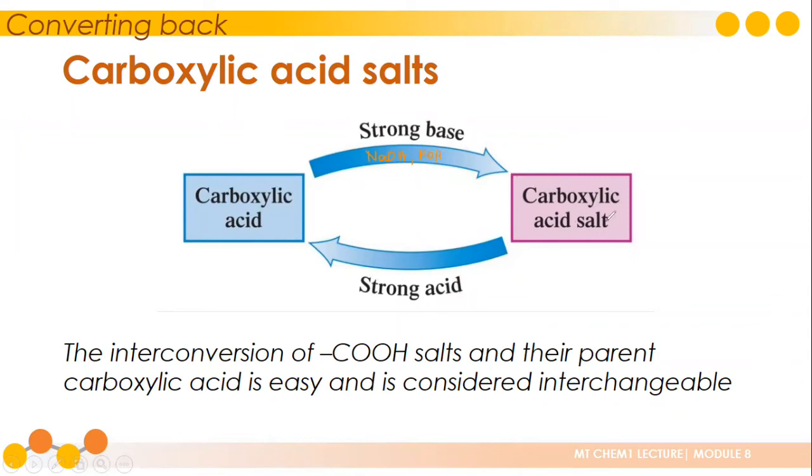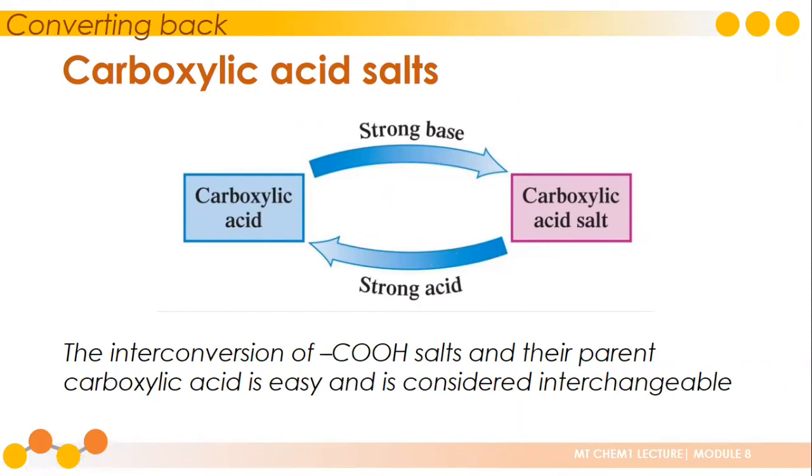Now, if you have a carboxylic acid salt and you want to bring out the parent carboxylic acid, you simply need to react it with a strong acid, which is HCl or sulfuric acid. Okay, so it's interconversion or interchangeable.